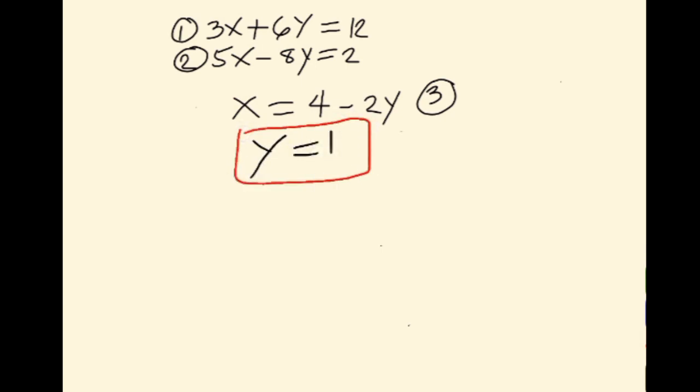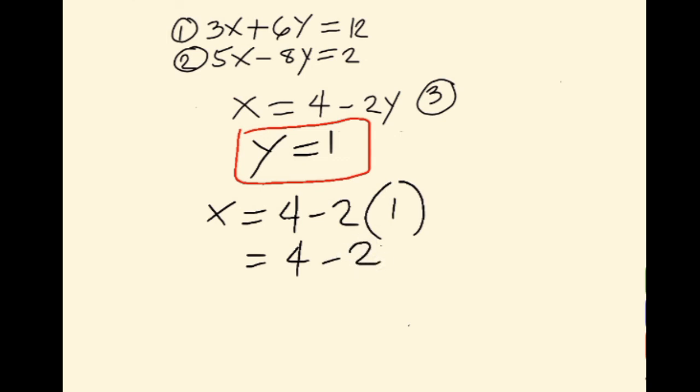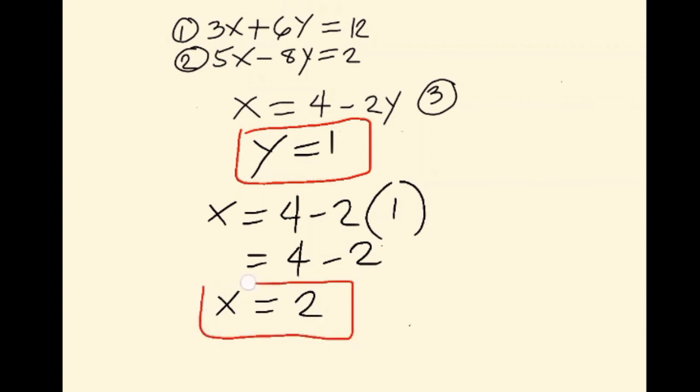We will have x equals 4 minus 2 times 1 because our y is 1. So 2 times 1 is 2, and our x will be 4 minus 2, which is 2. So this is now our x.